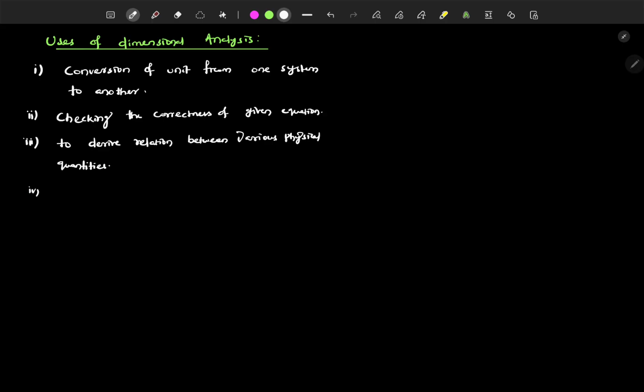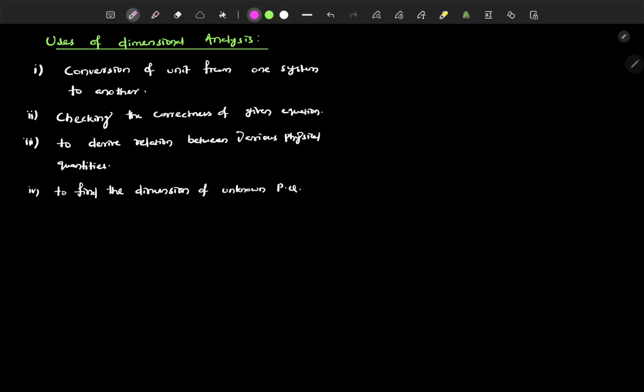And the fourth one is to find the dimension of an unknown physical quantity. P.Q. means physical quantity. So one by one we will complete all these uses.